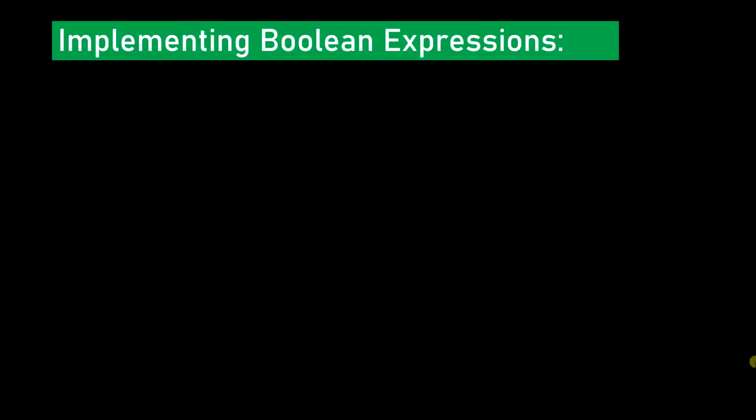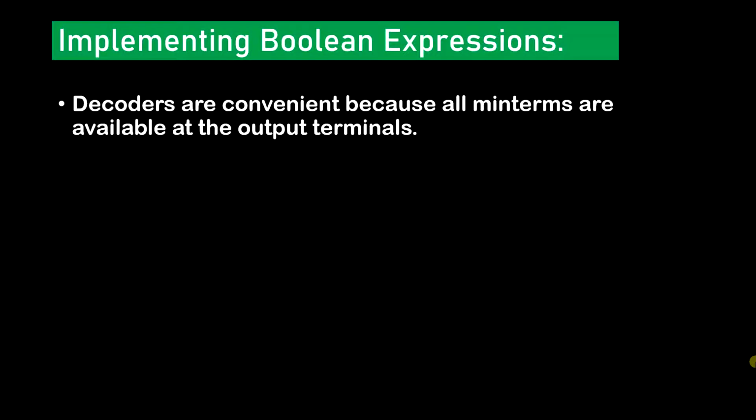Before we understand how to implement the Boolean expressions using the multiplexers, we need to understand that decoders were one of the convenient methods to implement the Boolean expression in the minterm canonical form because of all the minterms being available at the output terminals.